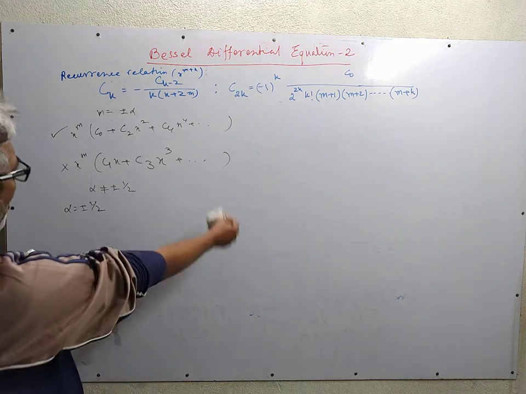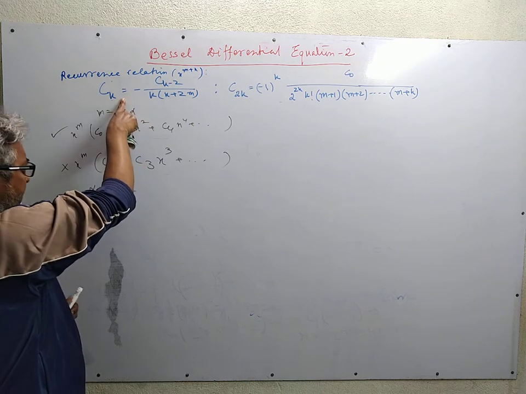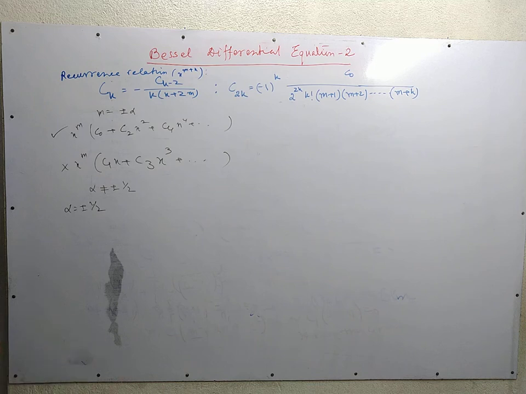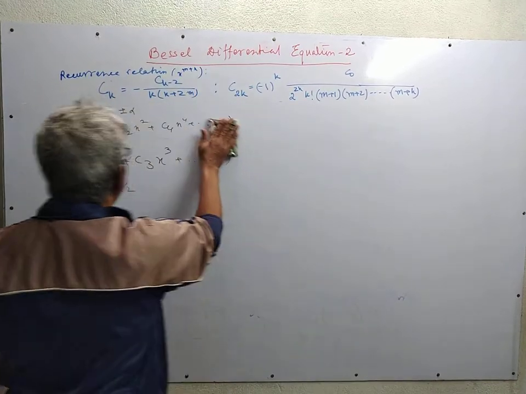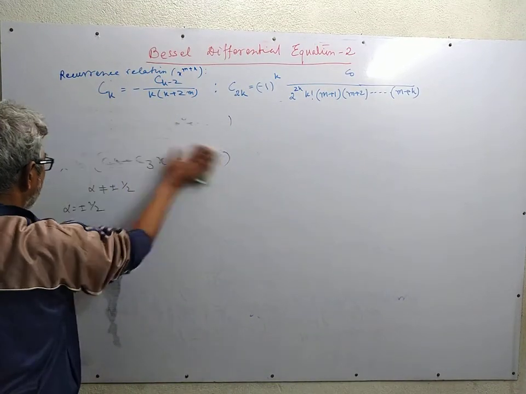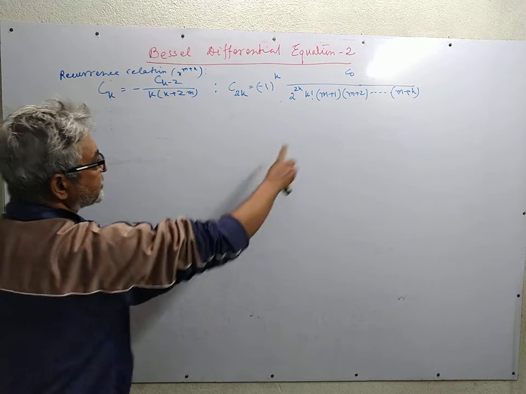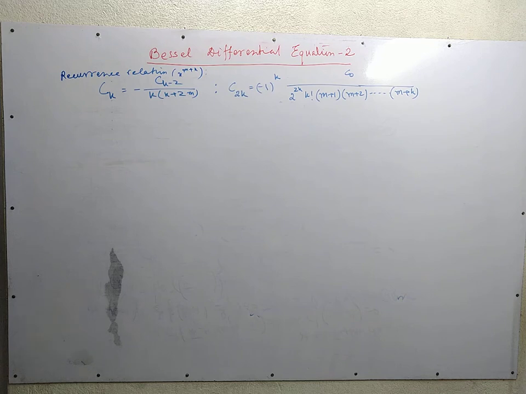So we use this recurrence relation, and from using this recurrence relation, we obtained C2 in terms of C0, then C4 in terms of C0, and we generalize this like this. Now coming to this term, you note that m may not be an integer.